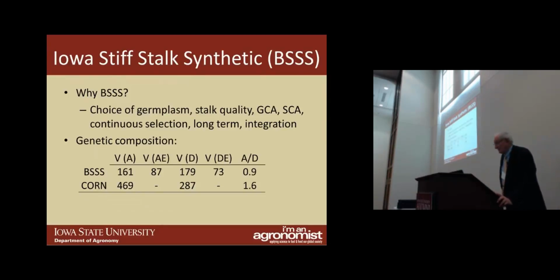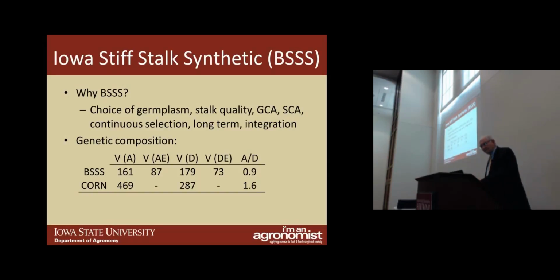Why BSSS? Well, one thing is it was put together with Reid Yellow Dent germplasm. Another thing, all the lines selected into it were there because of above average stalk quality. So we had those two things, but also I did a lot of genetic studies with it. And I got here Stiff Stalk compared with corn.